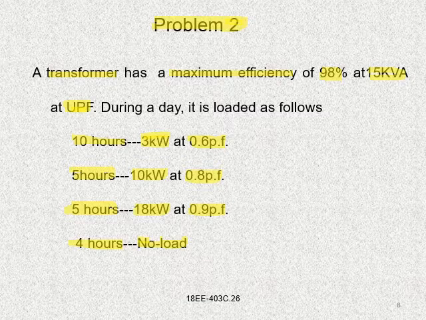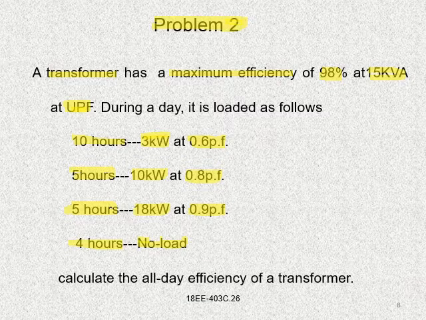For the 10 hours it is 3 kW at 0.6 power factor, and for 5 hours it is 10 kW at 0.8 power factor, and for 5 hours it is 18 kW at 0.9 power factor, and for 4 hours it is no load. Now moving to the problem. Calculate the all day efficiency of a transformer.